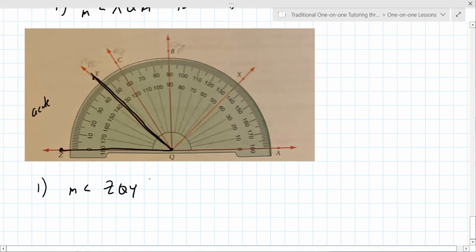So what does that angle measure? What would you say that angle measure is? For that angle measure right there, it is 45 degrees.